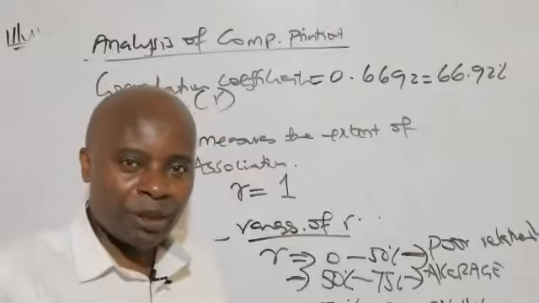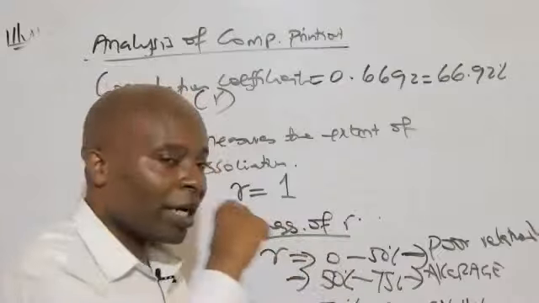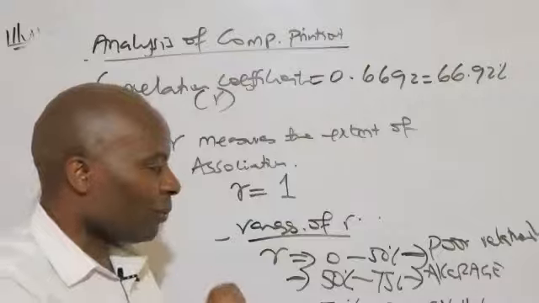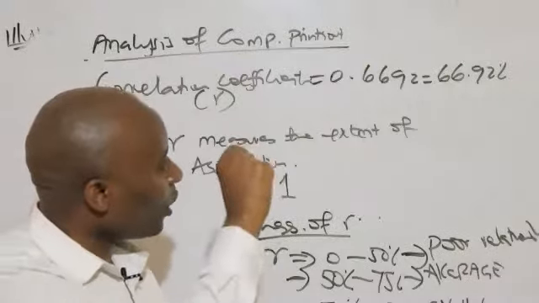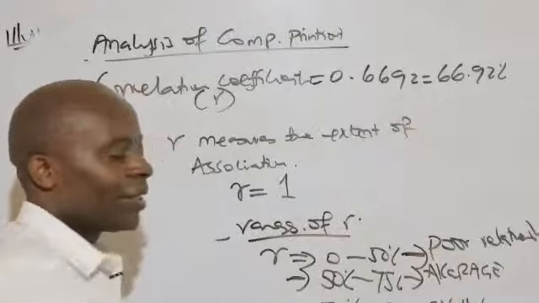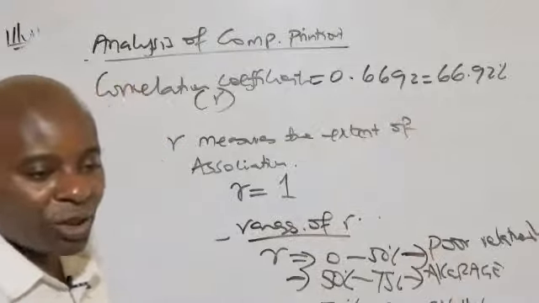You need to do further statistical tests to be able to see that there is really what we call causation between, for example, sales and advertising. So don't rely on this model so much, because the relationship as given by the coefficient of correlation is average. 66.92 is here. That's quite a good interpretation.